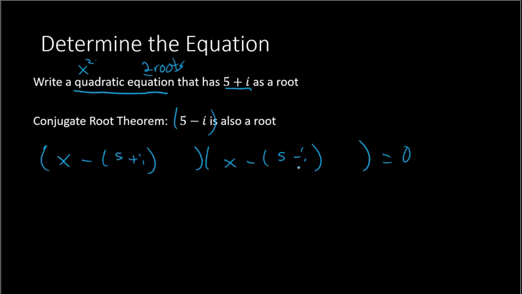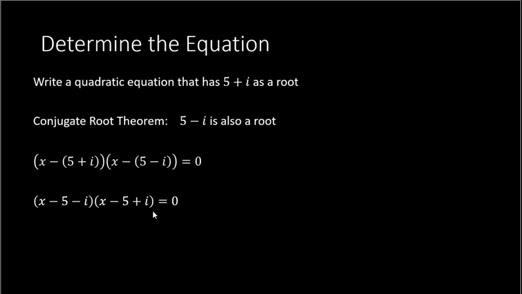It looks weird because we have 3 terms in here. We can simplify this a little further because the negative goes to both terms, negative 5 and minus i, and it goes to both terms here, negative 5 and negative i makes a plus i. So x minus 5 and then plus i, and that is set equal to 0.